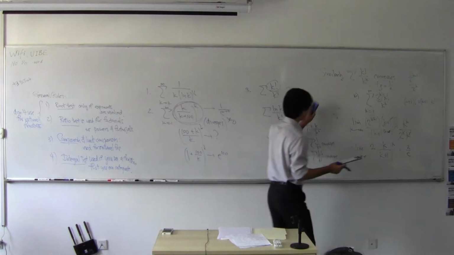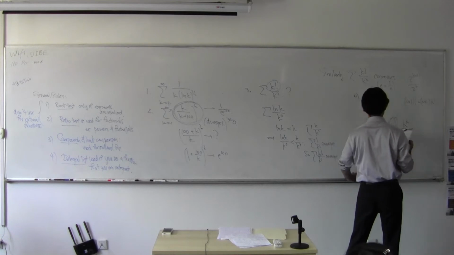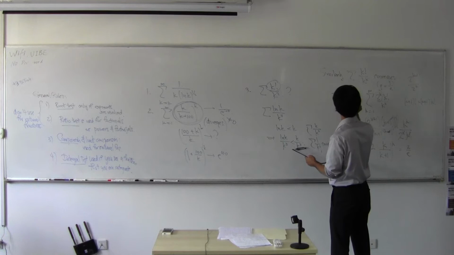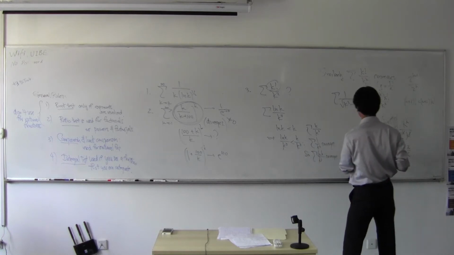Okay. Last one: summation 1 over root of k cubed minus 1.